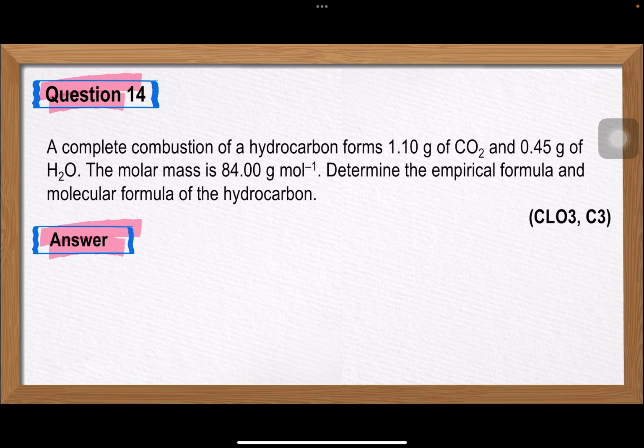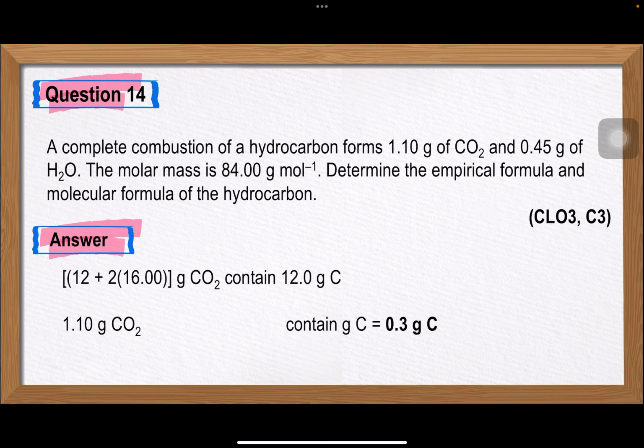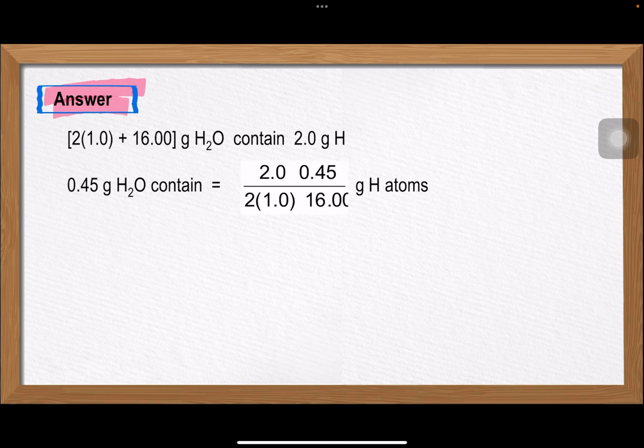So you need to get the mass of carbon from CO2 and mass of hydrogen from H2O. Find the composition of carbon in CO2, so that we will get 0.3 gram. And find the composition of hydrogen in H2O, you will get 0.05 gram.